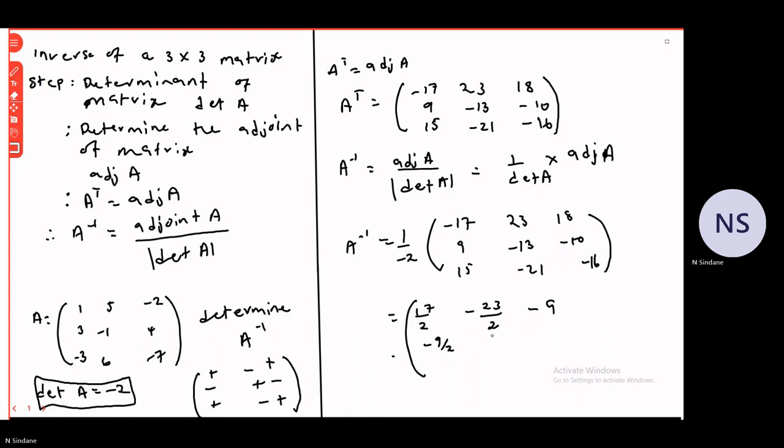This will be 5, which is positive. This will be negative 15 over 2. This will be positive 21 over 2. This is 8. That is your solution. You can write it in terms of decimals if you want, but that is the solution.